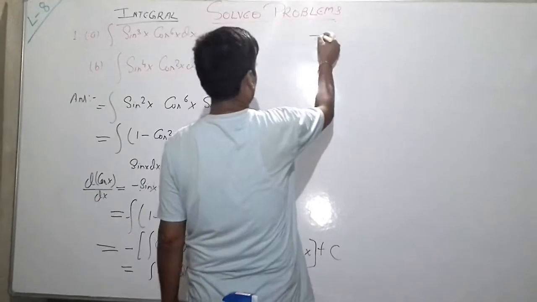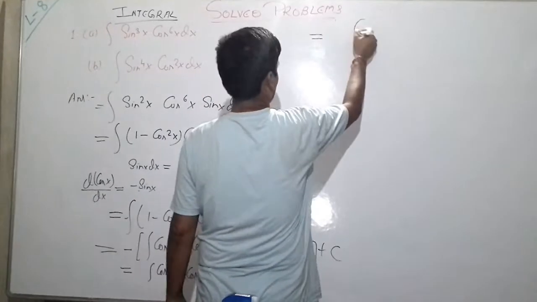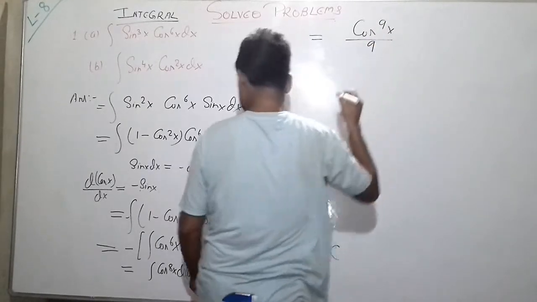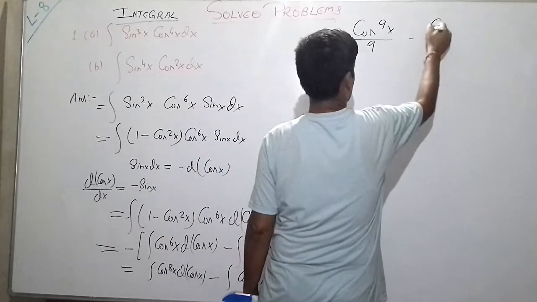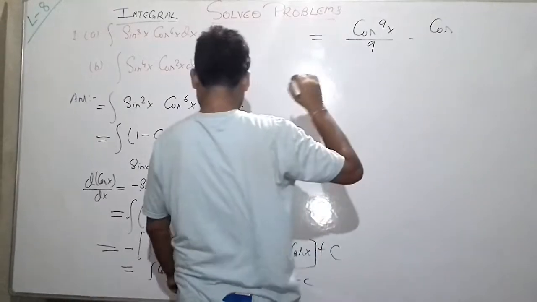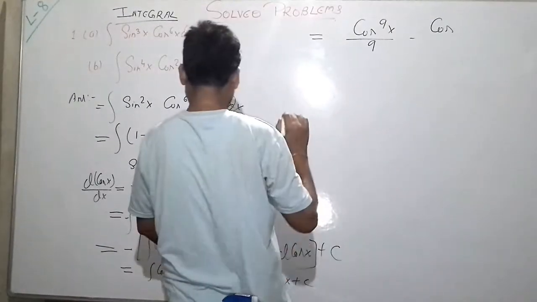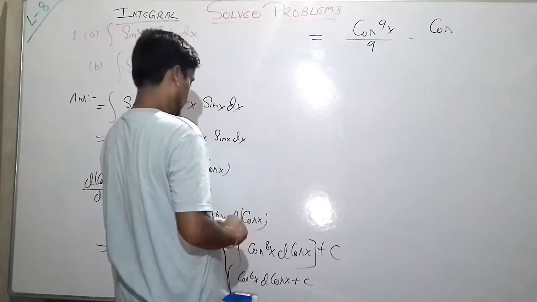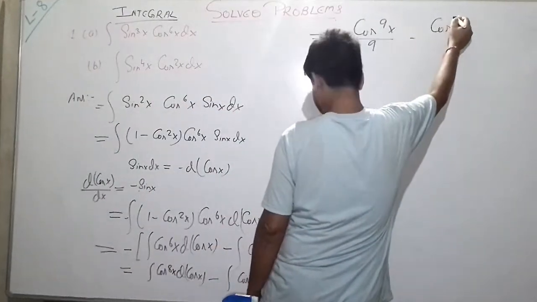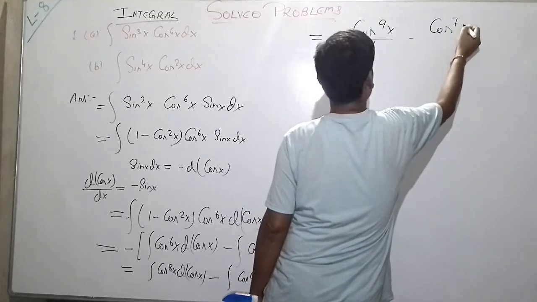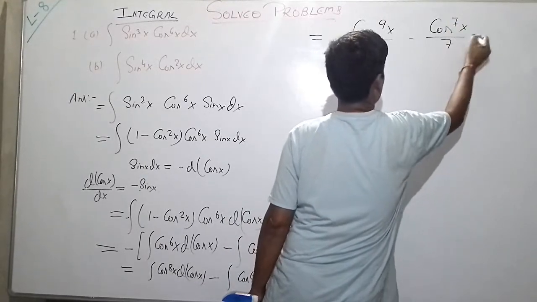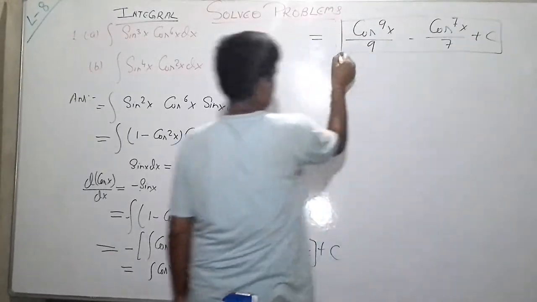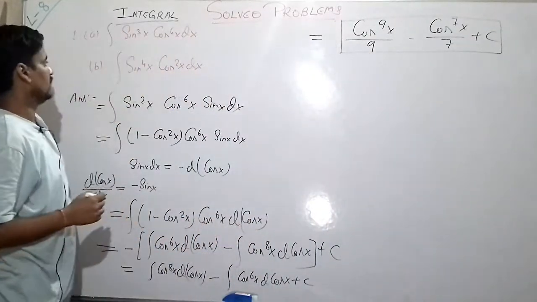So we can write cos to the power 9x divided by 9 minus cos to the power 7x divided by 7 plus c. So this is the answer of the first integral.